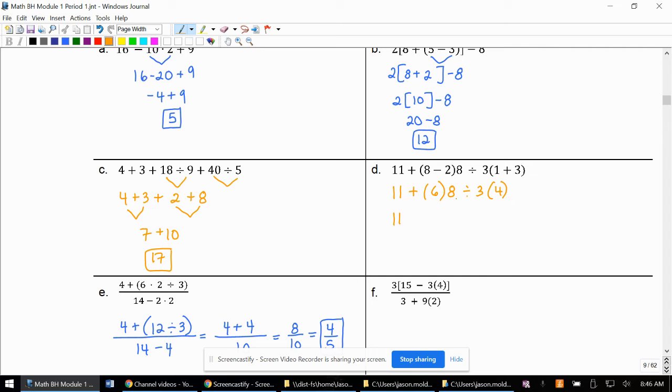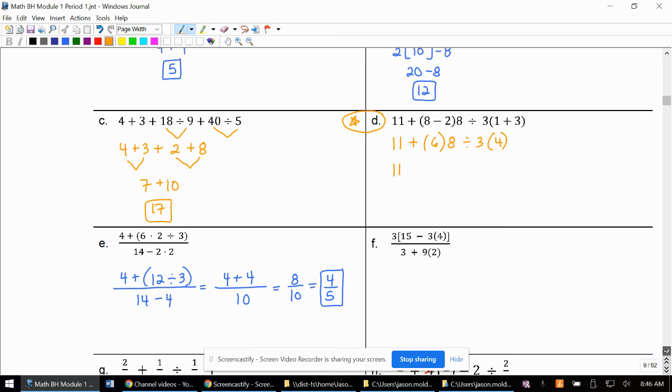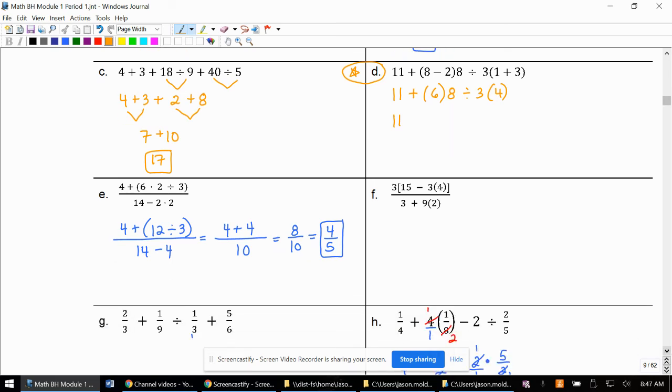So let's go slow through this, because if we do this too quick, this is a common error. In fact, this is maybe a problem. You need to identify for you what it is, but maybe there's a problem in here that you want to star, that you know that you're prone to errors with this. And I've seen a lot of errors with this. 6 times 8 is 48.